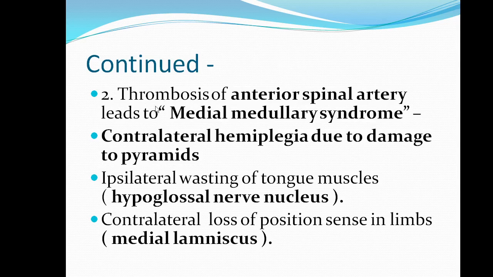Then thrombosis of the anterior spinal artery leads to the medial medullary syndrome. The patient presents with the contralateral hemiplegia due to the damage of the pyramids, ipsilateral wasting of the muscles of the tongue, that is the hypoglossal nucleus involvement, and contralateral loss of position sense in the limbs because of the involvement of medial lemniscus.